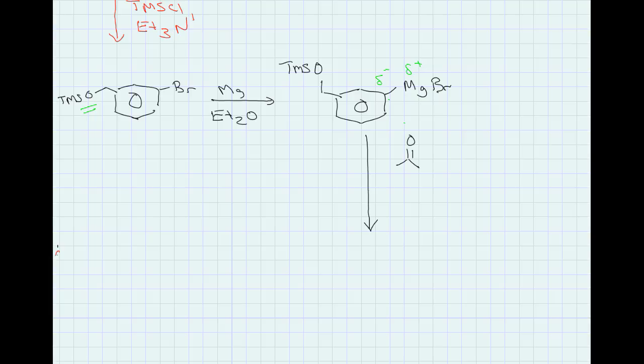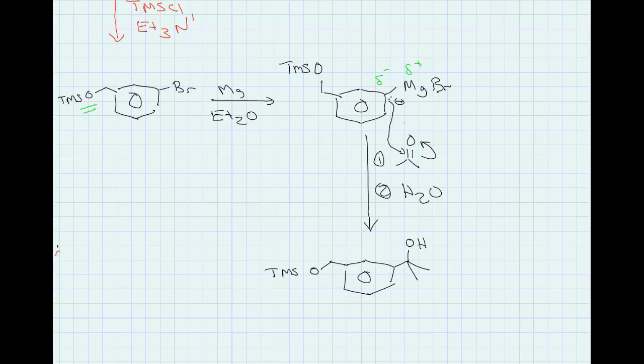These electrons are going to come down and attack that ketone. That's going to be the first step. That's going to generate a tertiary alkoxide. So we know we need to throw in water as a proton source to protonate that. That's going to give us, again, our silyl ether, OTMS, and now we're going to have our tertiary alcohol.